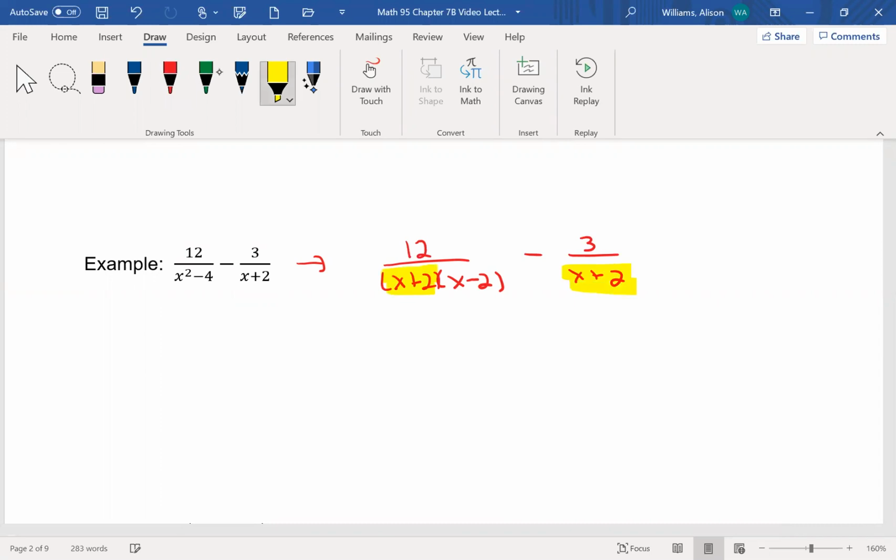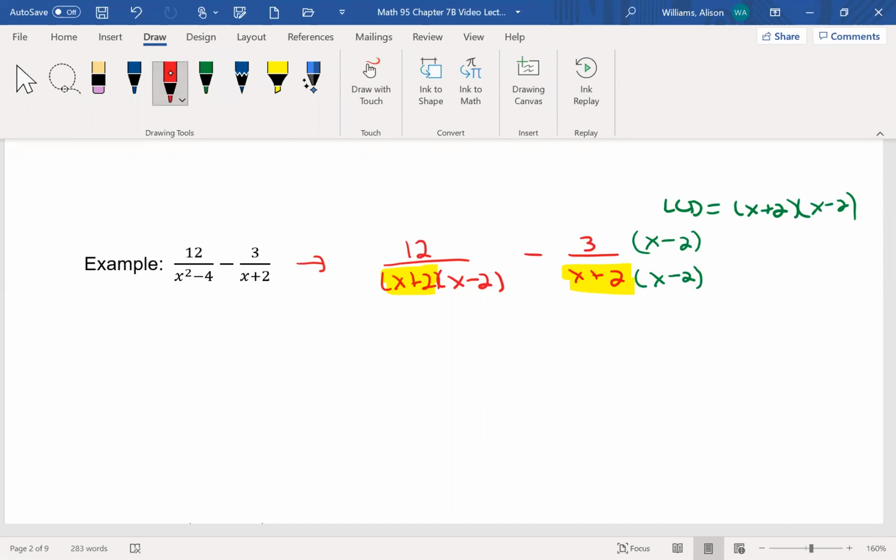So for my lowest common denominator, then, I'm going to include the x plus 2 and then the extra x minus 2. So I'm going to multiply only the second fraction by x minus 2 because it's the only one that's missing a factored term for the least common denominator.